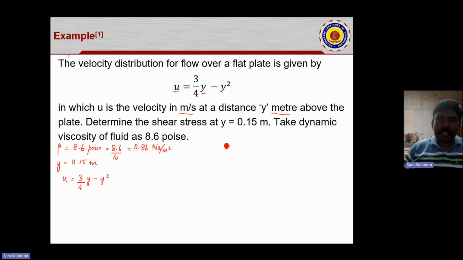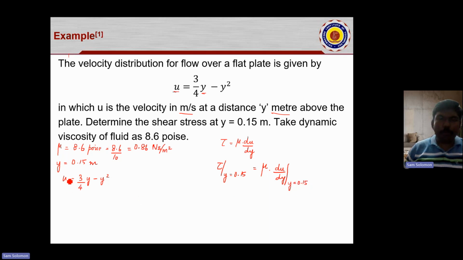What we know is tau is mu times du by dy. So they want us to find the value of tau at y equal to 0.15, which means mu times du by dy. I'm supposed to find out the value of du by dy at y equal to 0.15 meters.